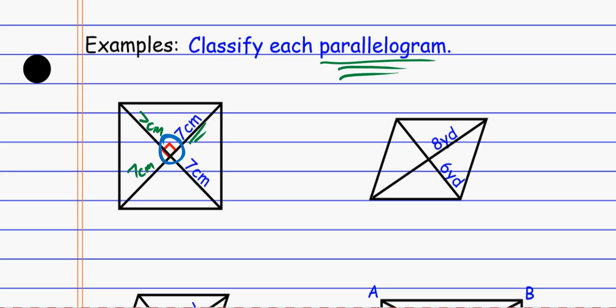And so when I look at the total diagonals, the diagonals themselves are each 14, so the diagonals are the same as well. So when I look at this parallelogram, the diagonals are perpendicular, making it a rhombus, but the diagonals are also congruent, which tells me it's a rectangle. That's how I know now that it's actually a square, because a square is basically a rhombus and a rectangle together. So this one's a square.